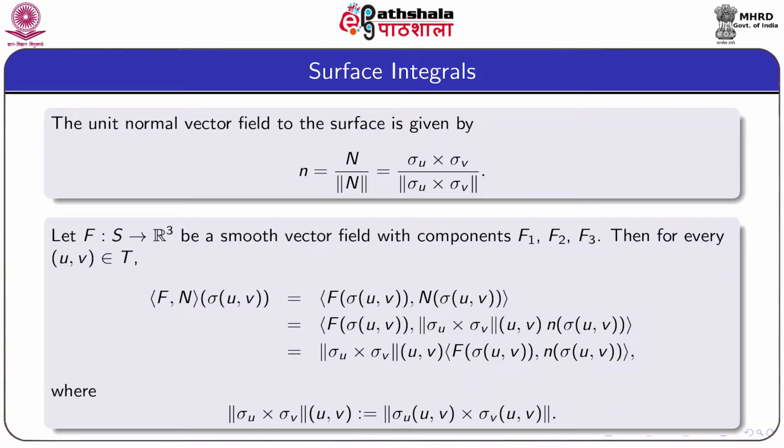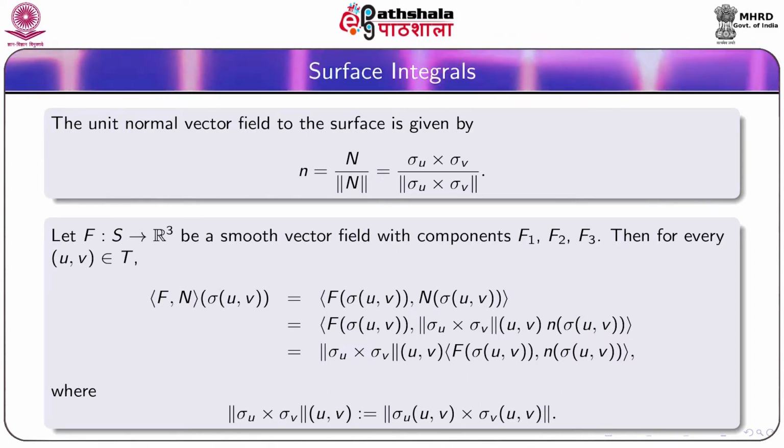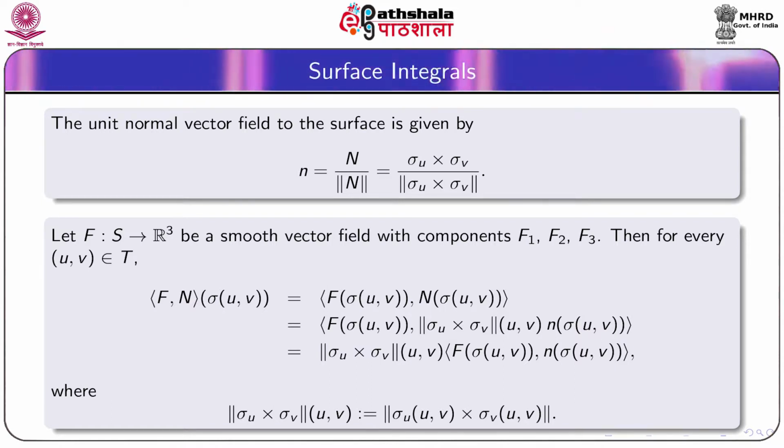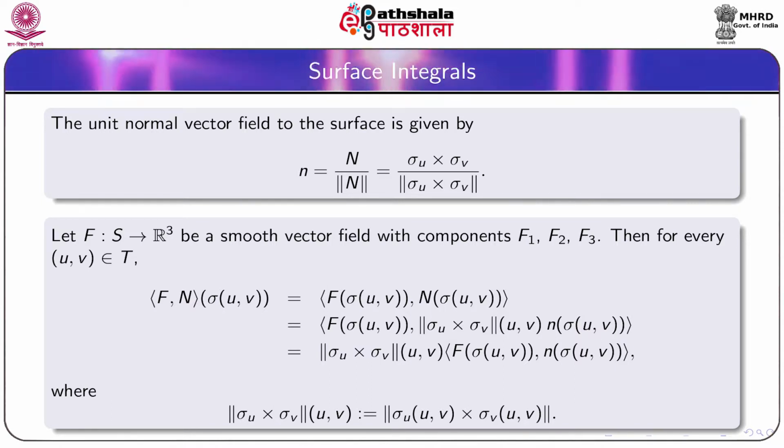The unit normal vector to the surface is given by small n. This is N by norm N. So, it is 1 upon norm of sigma u cross sigma v times sigma u cross sigma v. Let F from S to R3 be a smooth vector field with components F1, F2, F3.